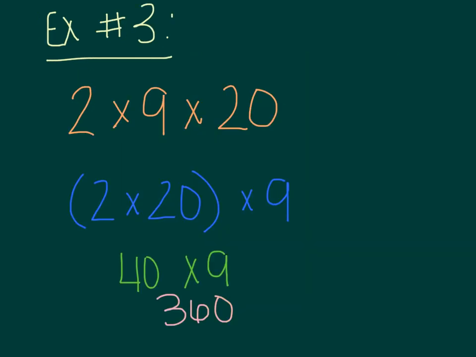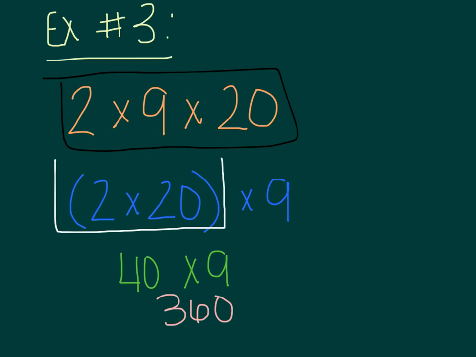All right, we have another example of just a different way to do some mental math. This is not compensation. This is just a different type of example. So here's our problem, 2 times 9 times 20. So we're thinking of what's the easiest way for us to do this? Well, the easiest way is to first do 2 times 20, because that's very easy to do in our head.